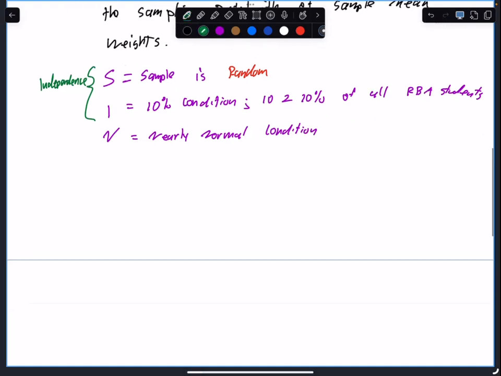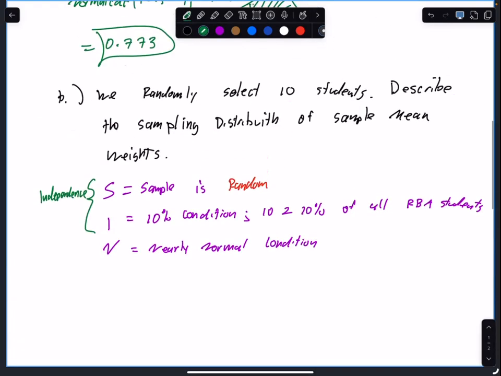On the nearly normal condition, do we have a large enough sample? Is the sample large enough for us to say that the sampling distribution is normal? Well, first off, 10 is not a very large sample, so that doesn't automatically do it for us. We want a sample size of at least 30. 30 works all the time, but we got 10.